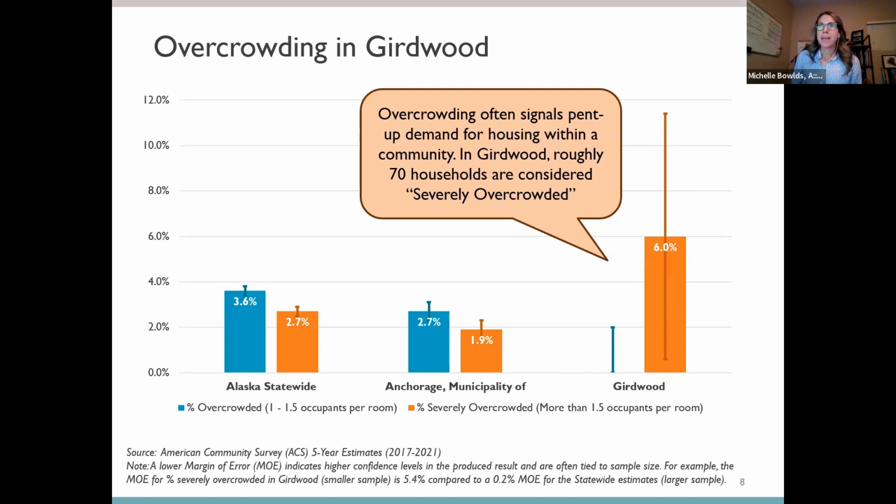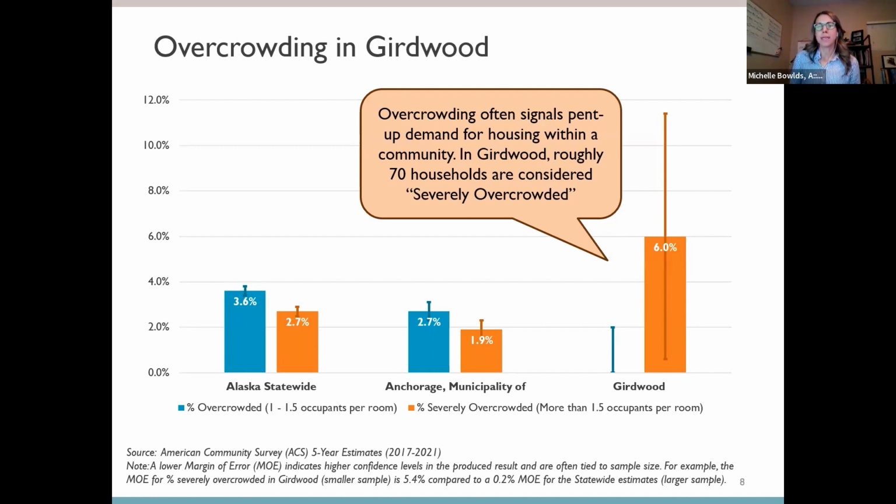The other piece that we look at is pent-up demand that currently exists in the community, and overcrowding often signals pent-up demand. We look at the data published by the census through the American Community Survey as a proxy for overcrowding, which is showing roughly 70 households would be considered severely overcrowded in Girdwood today.